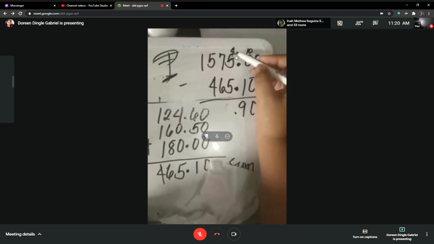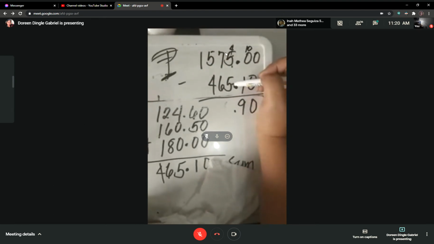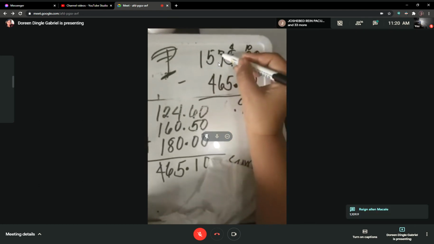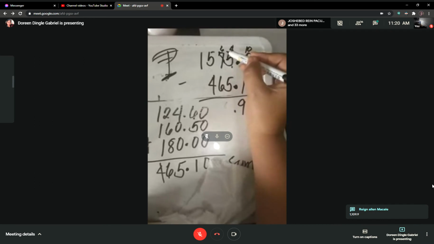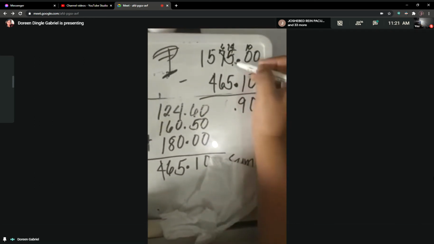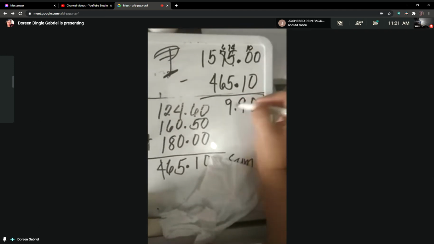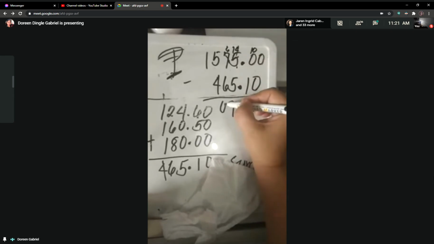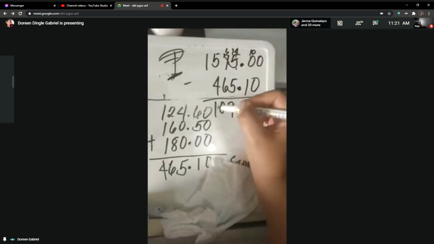Therefore, since you renamed it already, 4 minus 5 cannot be, so regroup and rename again. Rename 7, it will become 6. Then regroup. You have here 14. So what is 14 minus 5? The answer is 9. So 6 minus 6 is 0. 5 minus 4 is 1.